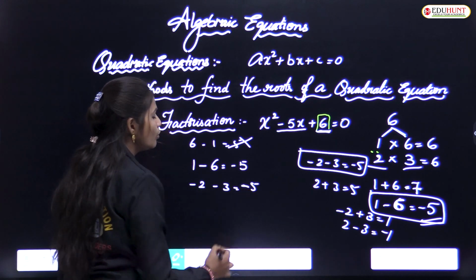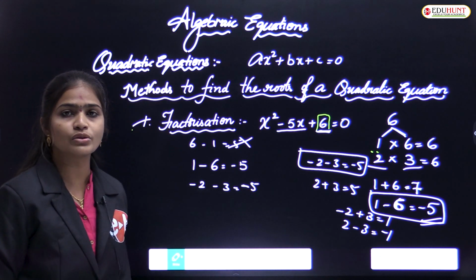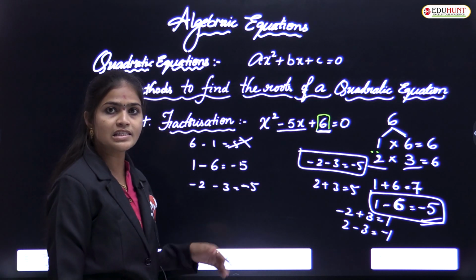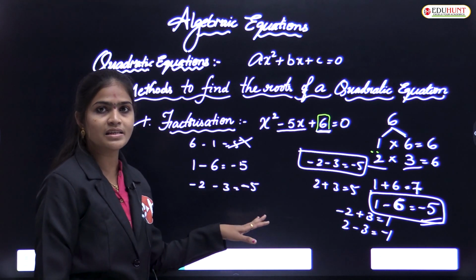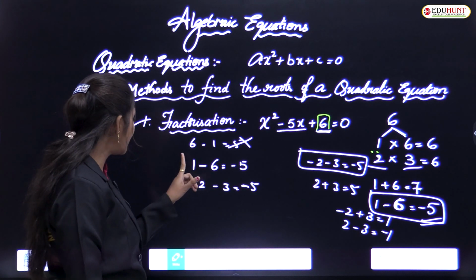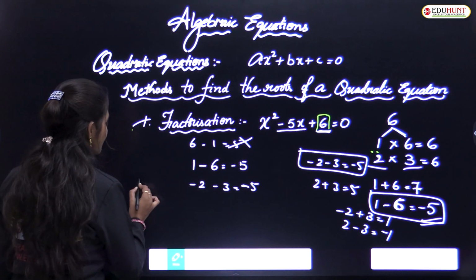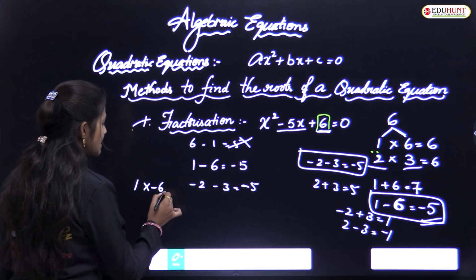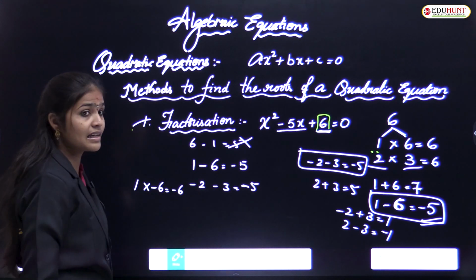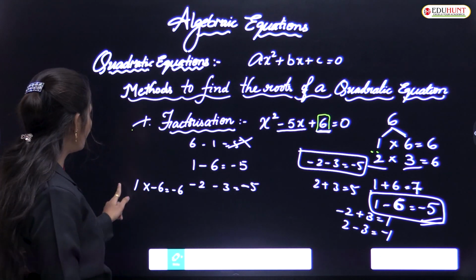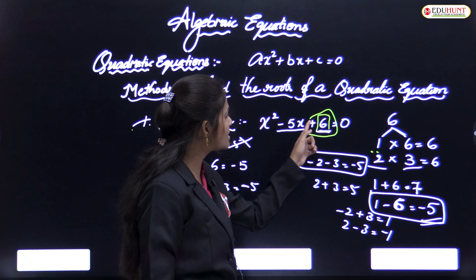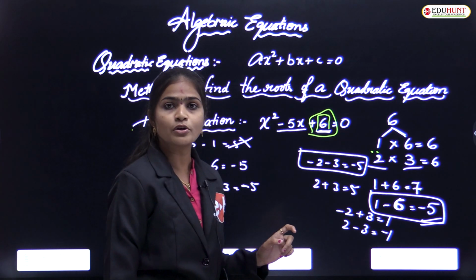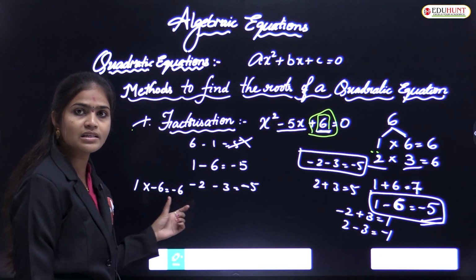So here, madam, two values are also existing, no? So which one do we have to choose? Are both satisfying or not here? So both are giving the same result for this one, but when you take the product of these two numbers, 1 into minus 6 is equal to minus 6, yes or no? 1 into minus 6 is equal to minus 6, but we are having here positive 6, but we are getting here negative 6.